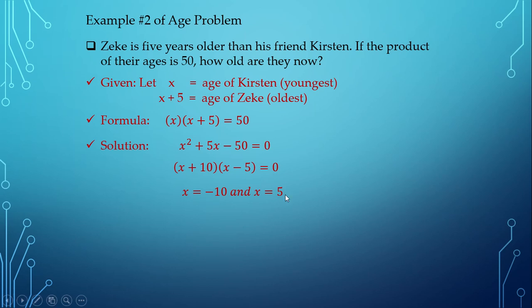But then again, for verification purposes, we cannot make use of the negative value of x, because there is no negative age, no? There is no negative age. But instead, we will use positive 5.